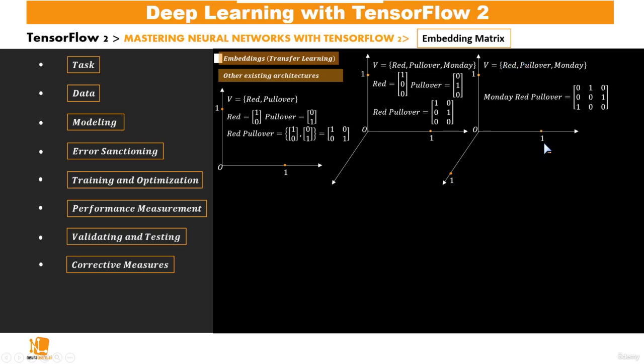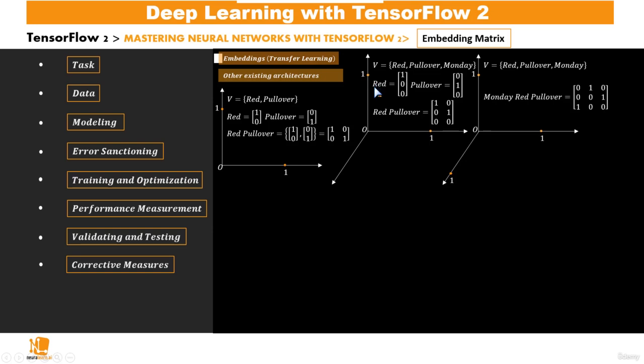Now the problem with the way of representing that we've been working with so far is that as we increase this vocabulary size, we have this matrix which becomes very large. So if our vocabulary size is, say, 100,000, this is going to be a 100,000 by 2 matrix.